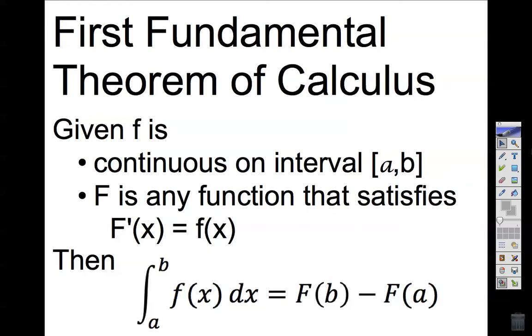Anything before a and anything after b doesn't matter. Capital F is any function that satisfies capital F prime of x equals lowercase f of x. When we have this, then this is said to be true.